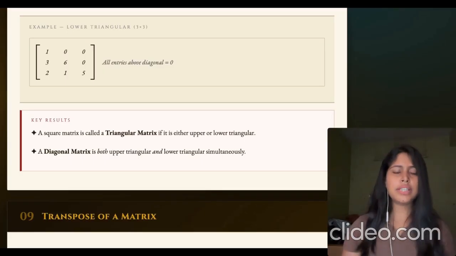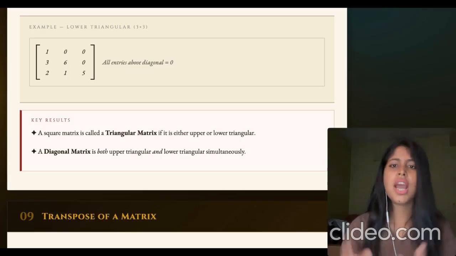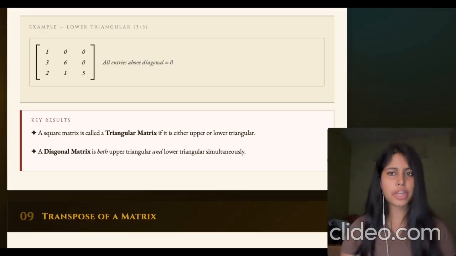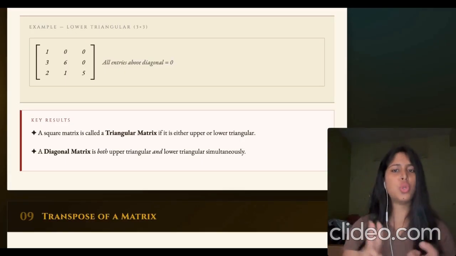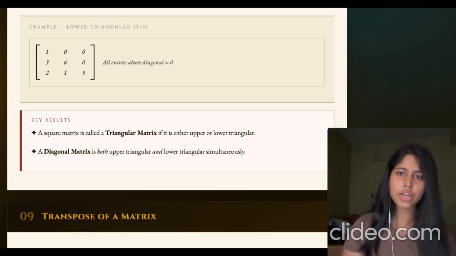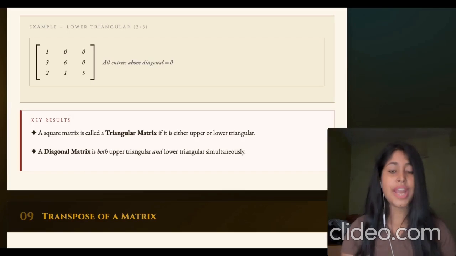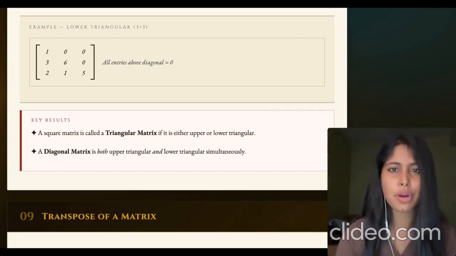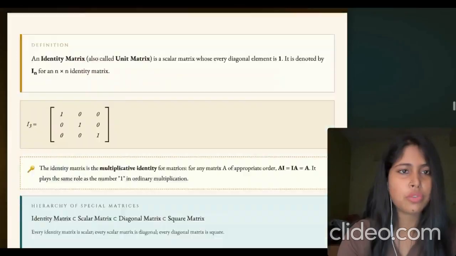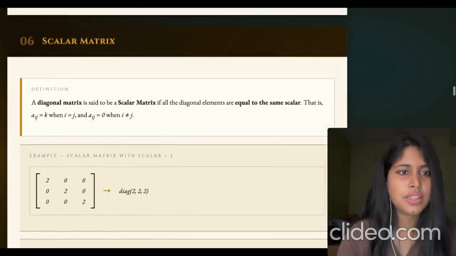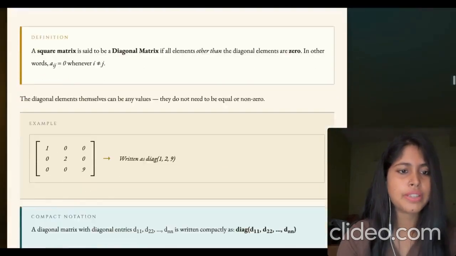Now, see, there are two key results to note. A matrix is called a triangular matrix if it is either upper or lower triangular. And next, a diagonal matrix is both upper triangular and lower triangular at the same time. Think about it.